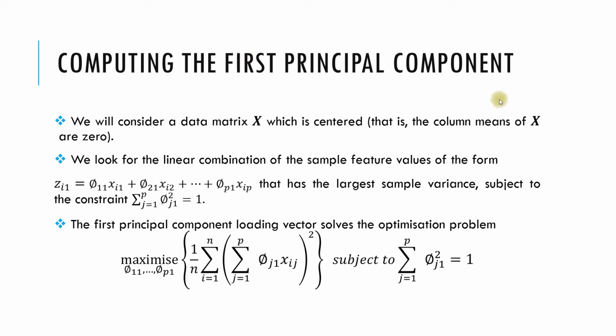To understand that, it is important that you understand that we are going to refer to a data matrix. You remember the x1, x2 up to xp that we were discussing, and the observations 1, 2 up to n. Now, we are referring to this data matrix as a centered data matrix. Centered data matrix means that we are demeaning, that is, we are removing the mean from x1, we are removing the mean from x2, and so on.